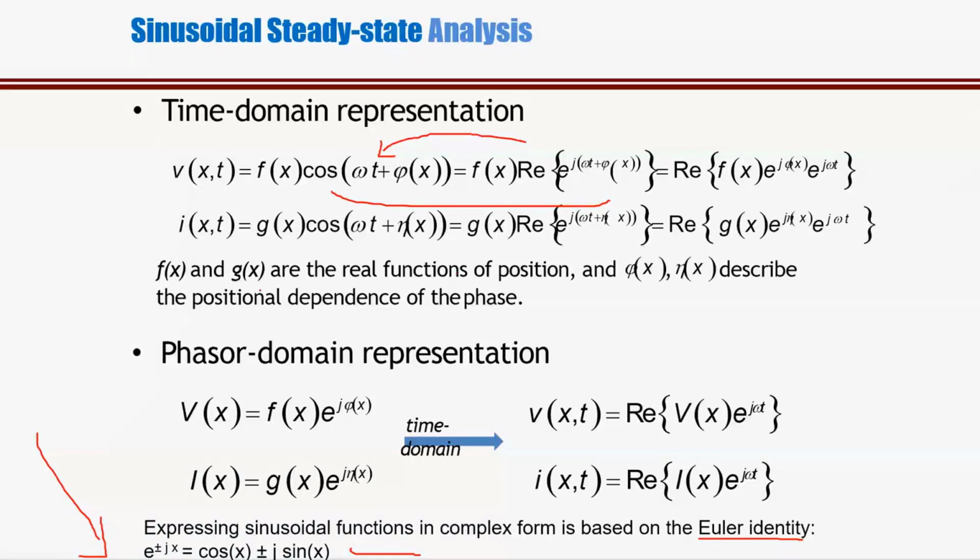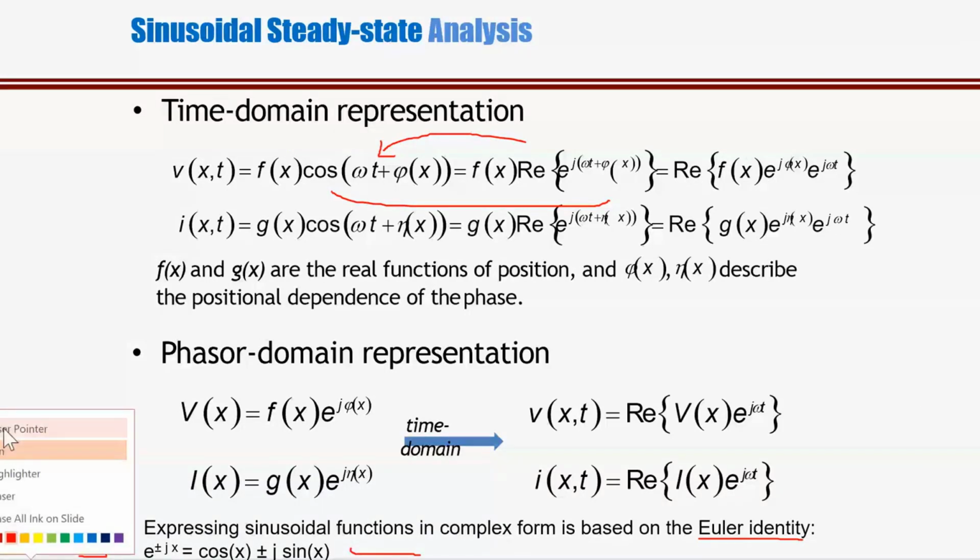For that particular position, the phase is changing because the wave is traveling along the transmission line. At every particular distance, there may be some phase shift with respect to the initial point, and that phase shift is indicated by phi of x and eta of x.